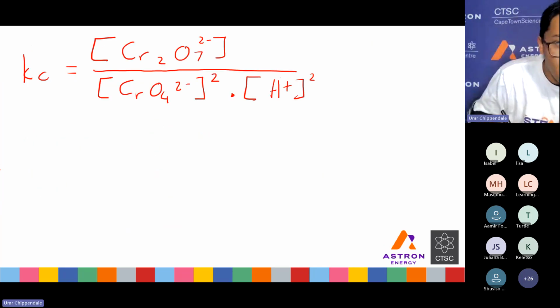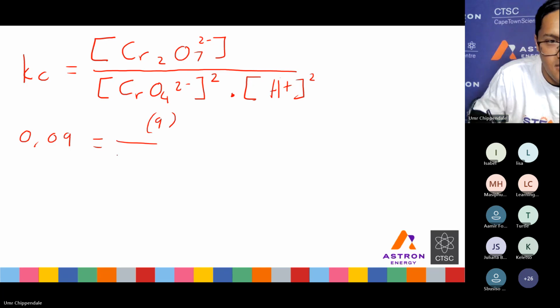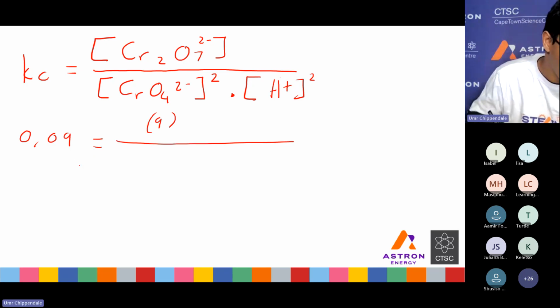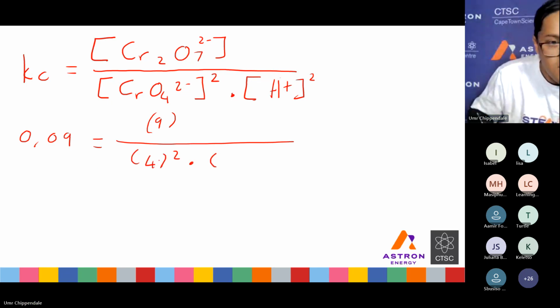So Kc was 0.09 equal to our concentration of our product, which was 9. Let's put it in brackets. And then concentration of our first reactant was 4. Do not forget your square. And that is to 2x minus 18. Do not forget the squared.